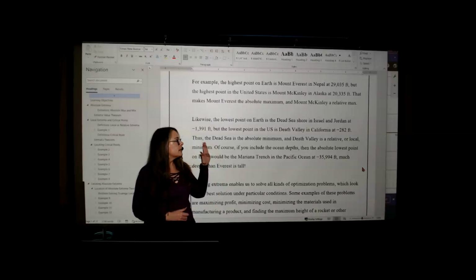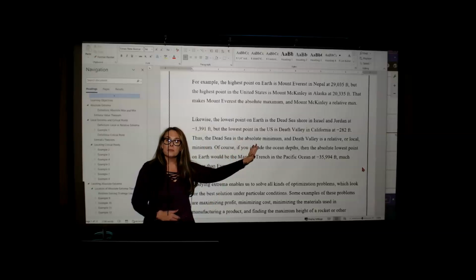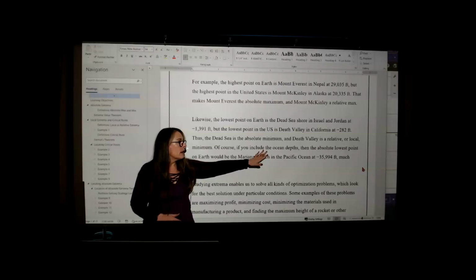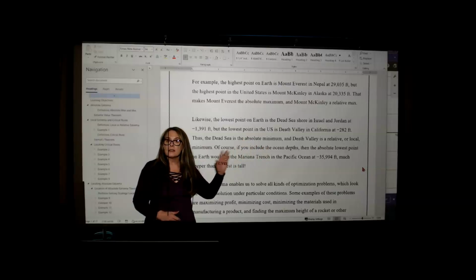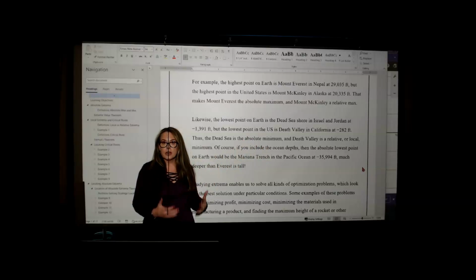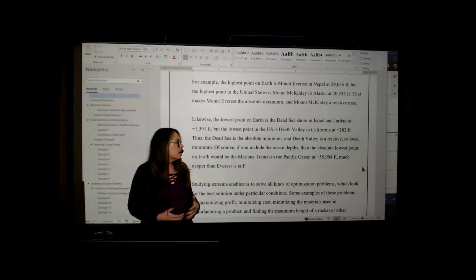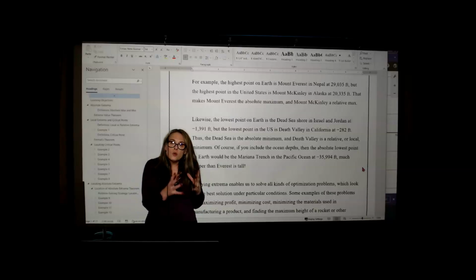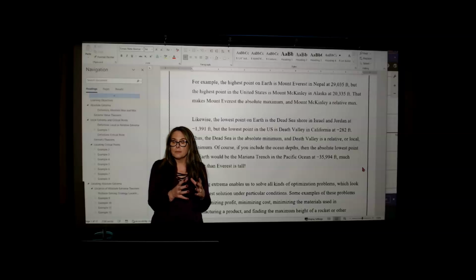Again, this makes the Dead Sea the absolute minimum on Earth, and Death Valley a relative or local minimum for the United States. On the other hand, if you were only looking at the United States and not anywhere else, we would say that Mount McKinley is the absolute maximum for the United States and Death Valley is the absolute minimum. It depends on where you're looking.